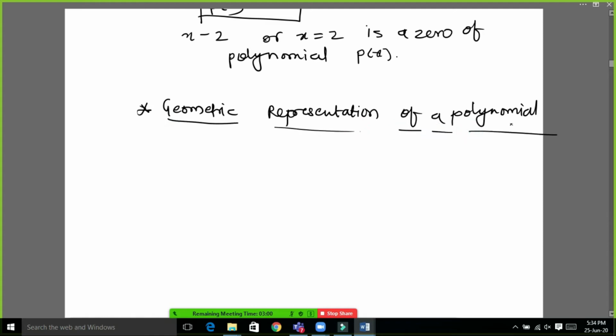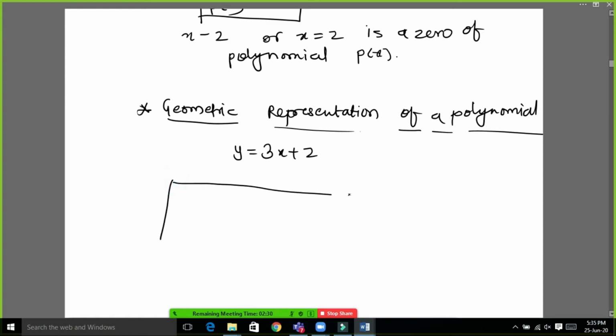So in geometric representation we again consider one of the polynomials, that is 3x plus 2. This is a linear polynomial, so we first consider a linear polynomial. Suppose 3x plus 2 is represented by y, so this is also one of the functions and it is represented by variable y. So what we are doing here is we consider different values of x, and for the corresponding x value we calculate the y value.